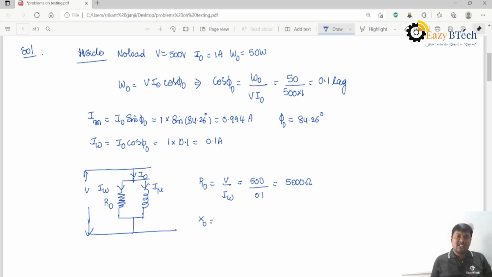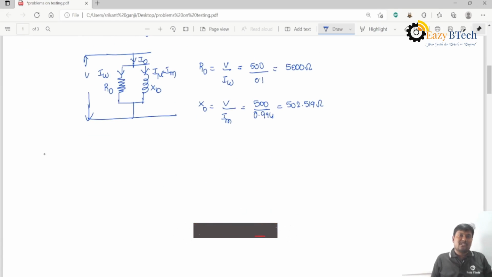Similarly, you can calculate X0 is equal to V divided by Im. V is 500 and Im is 0.994, so 500 divided by 0.994, that should be equal to 502.519 ohms.